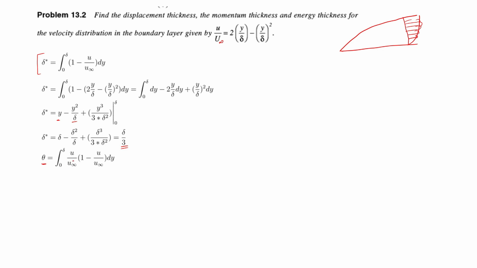Now let us see how to find the momentum thickness. The formula for momentum thickness is integral 0 to delta u by u infinity into 1 minus u by u infinity dy. It is quite lengthy, but if you substitute here, you will get 2y by delta minus y by delta the whole square, into 1 minus 2y by delta minus y by delta the whole square, into dy.